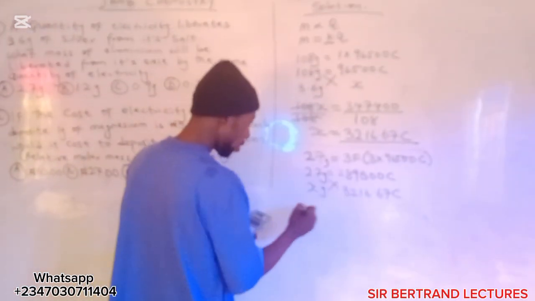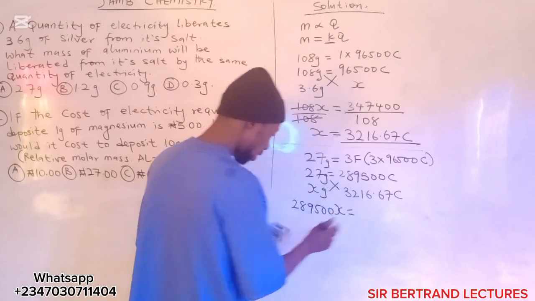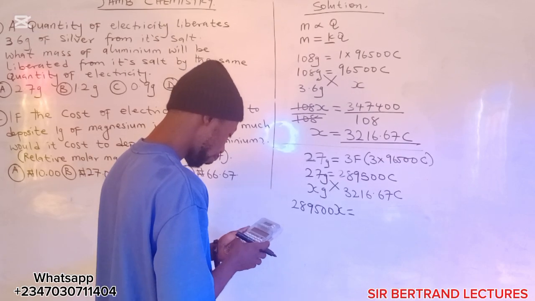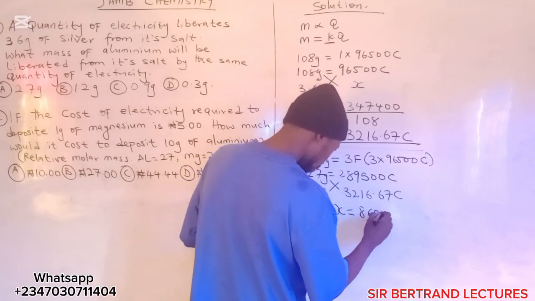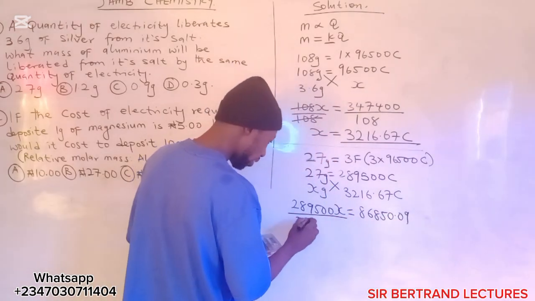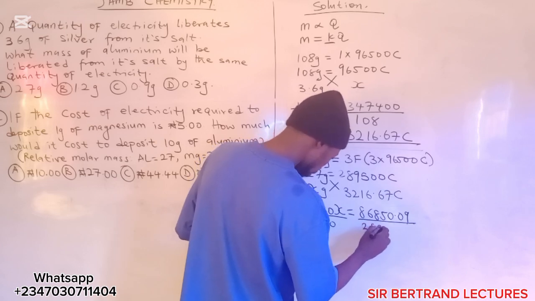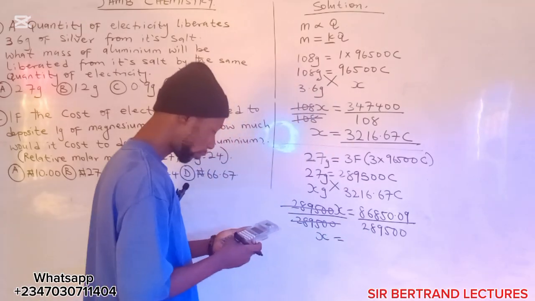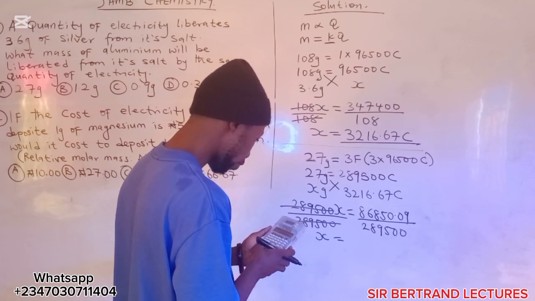Then we cross multiply. We are going to have 289,500x against 27 multiplied by 3216.67, which is equal to 8685.09. Dividing both sides by 289,500, this cancels this, and x will give us 8685.09 divided by 289,500.